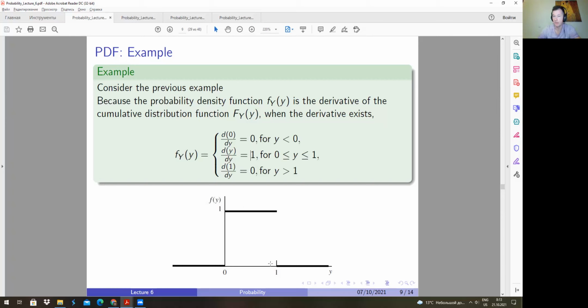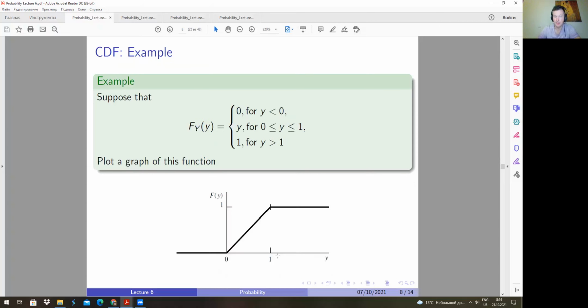With a base of 1 and a height of 1 as well. So the area of this rectangle is 1. And this area 1 exactly coincides with the value of the CDF when we evaluate the CDF at y equals 1.